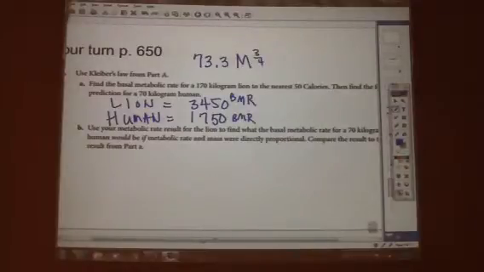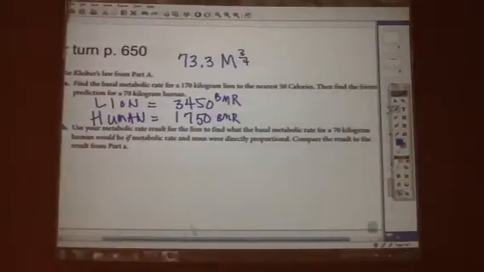Okay, here's the part that's kind of confusing. Use your metabolic rate results for the lion to find what the metabolic rate for a 70 kilogram human would be if the metabolic rate and mass were directly proportional. I think I said this wrong. Typo. Okay.